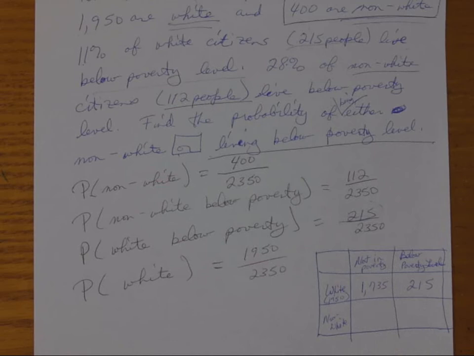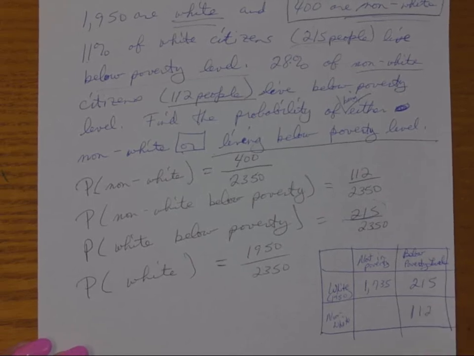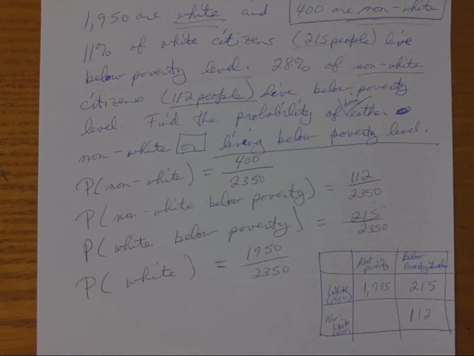What about the non-whites? Well, the number we know is the 112 who were at poverty level, right? But there were 400 in this group. So when I subtract that out, I should have 288.